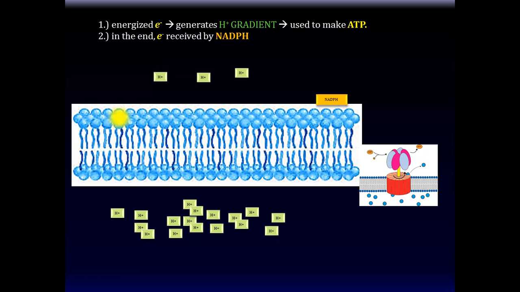Now what happens then? Here's the big picture plan. You must understand this. The energized electron, the electron that has that photon energy, is used to generate a hydrogen ion gradient. That's very key, which means that across the thylakoid membrane, this electron energy is used to create a gradient.